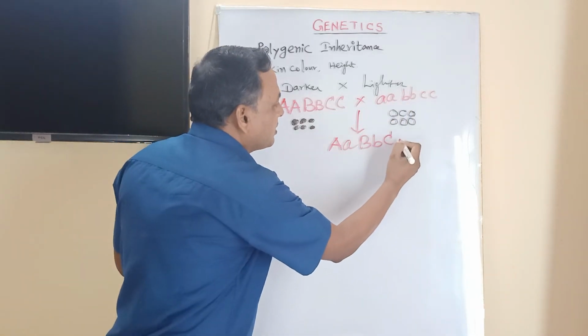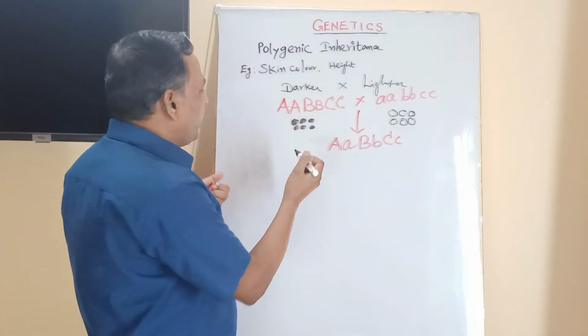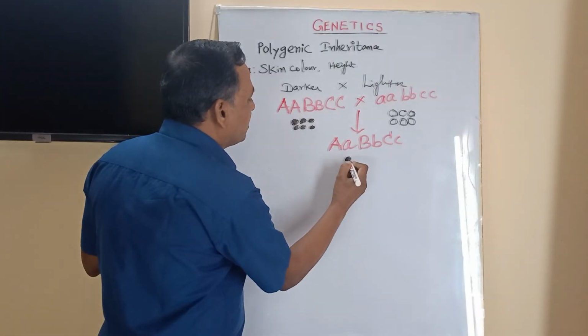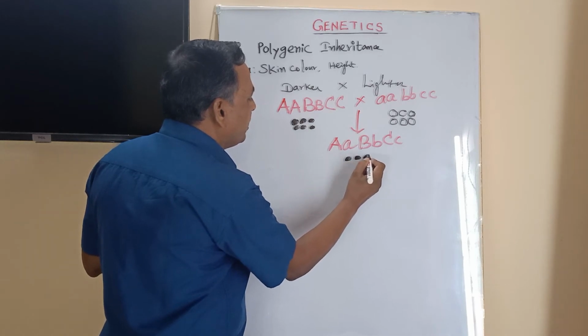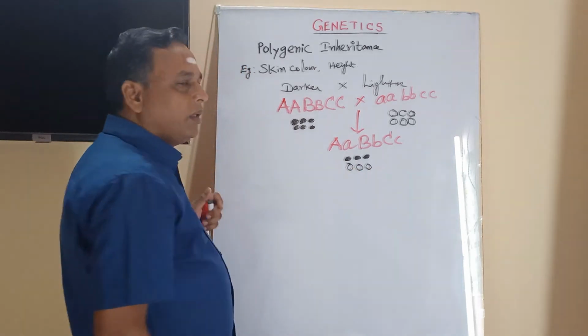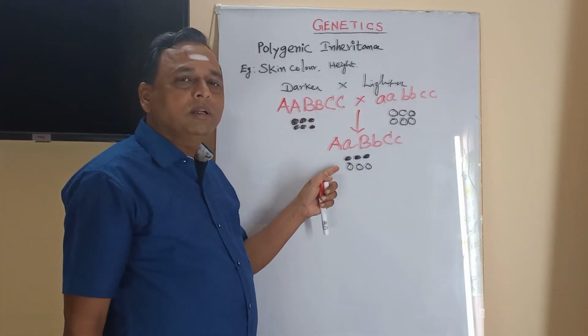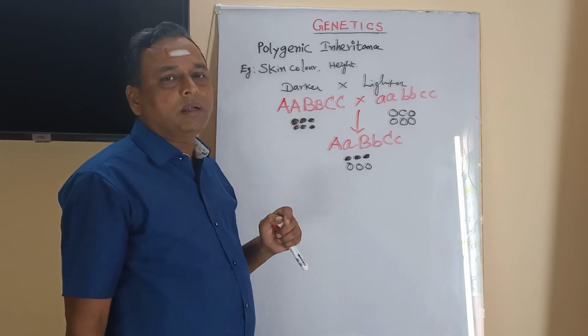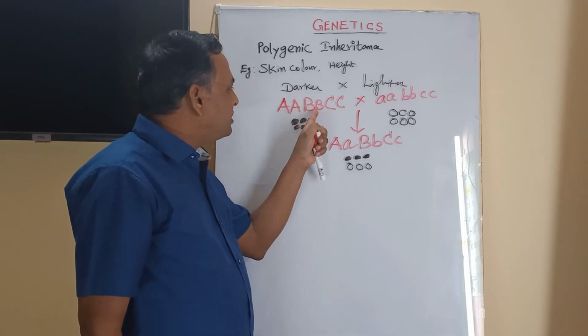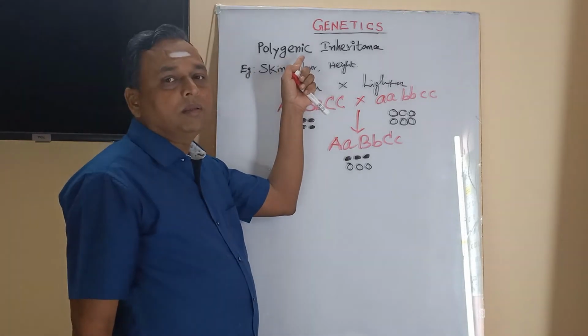Then one capital C, one small c. Put together, how would it be? 3 dark alleles and 3 light alleles. That means intermediate color, neither dark nor lighter. That means 3 genes control, and that is called polygenic.